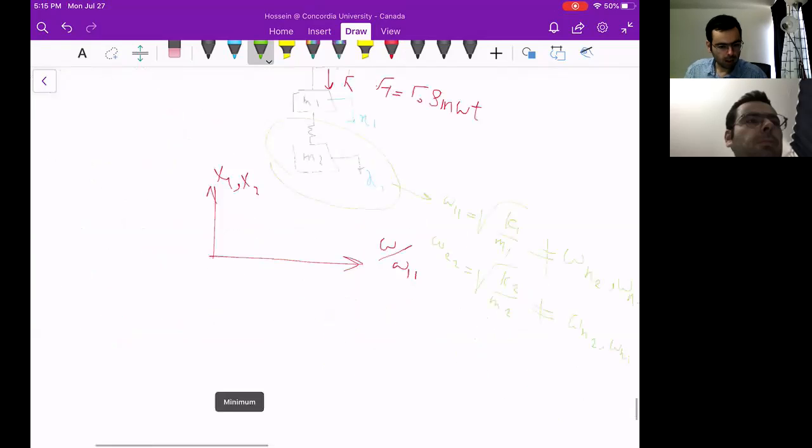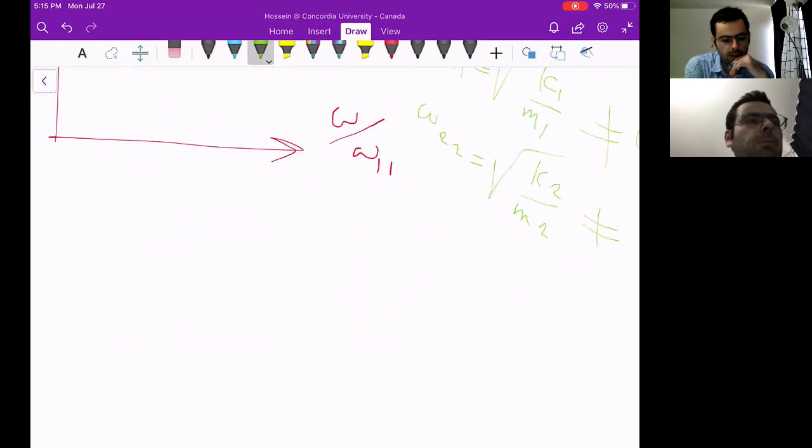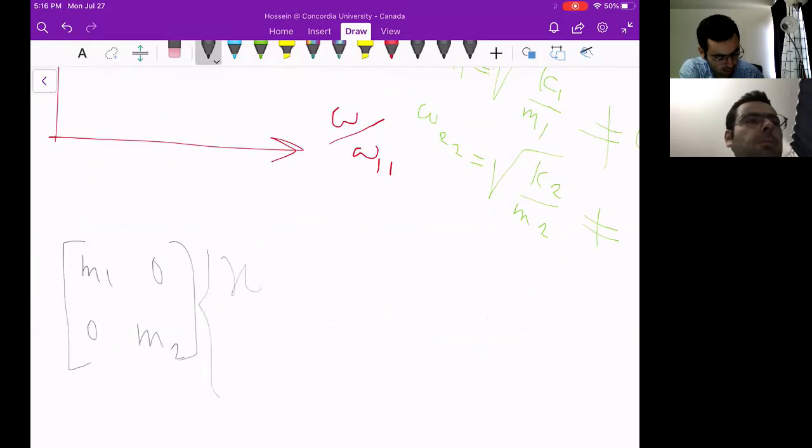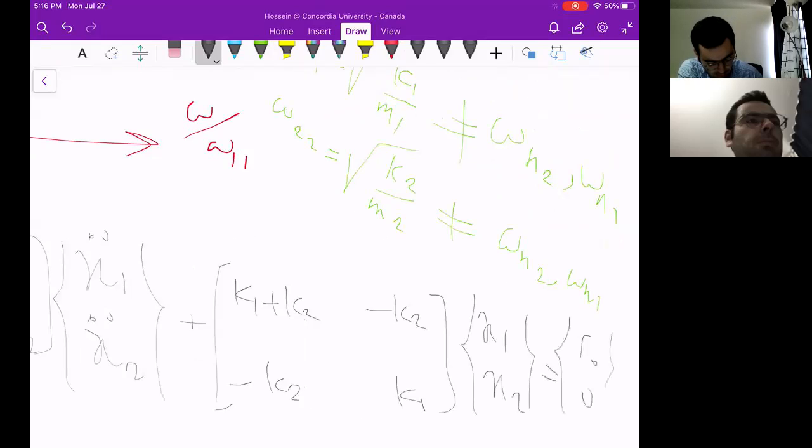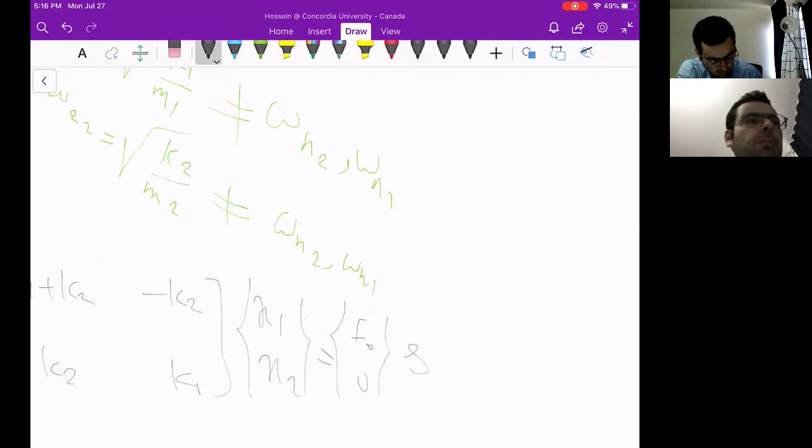So if you use Newton's second law, you will reach this point. For deriving the equation of motion: M1, 0, 0, M2, times x double dot 1, x double dot 2, plus K1 plus K2, minus K2, minus K2, K2, times x1, x2, equals F naught, 0, sine of omega t.